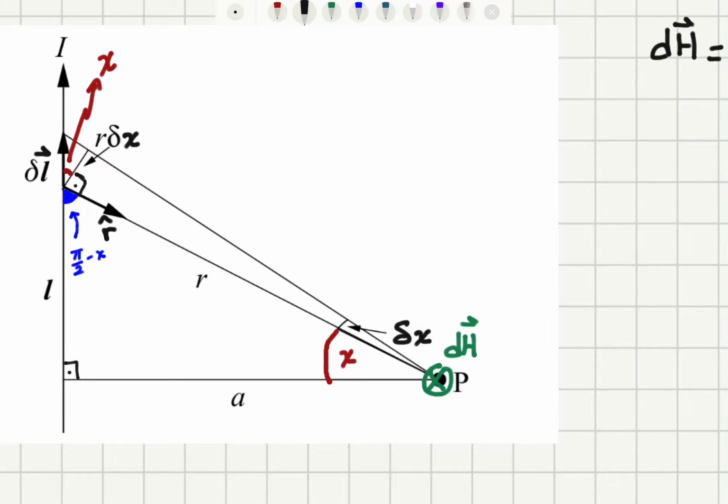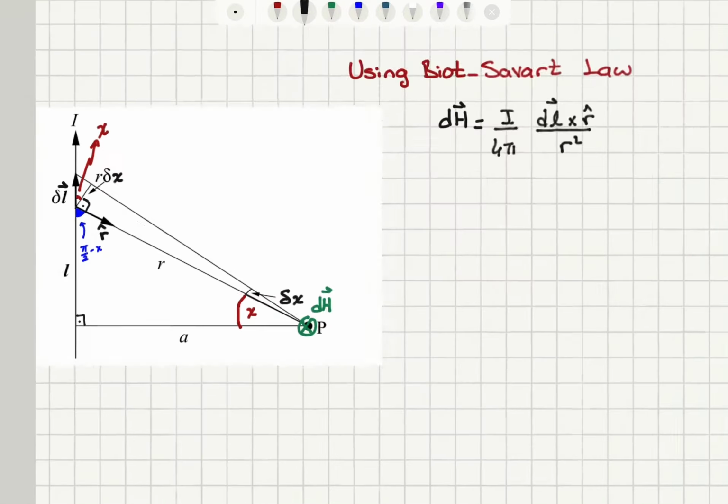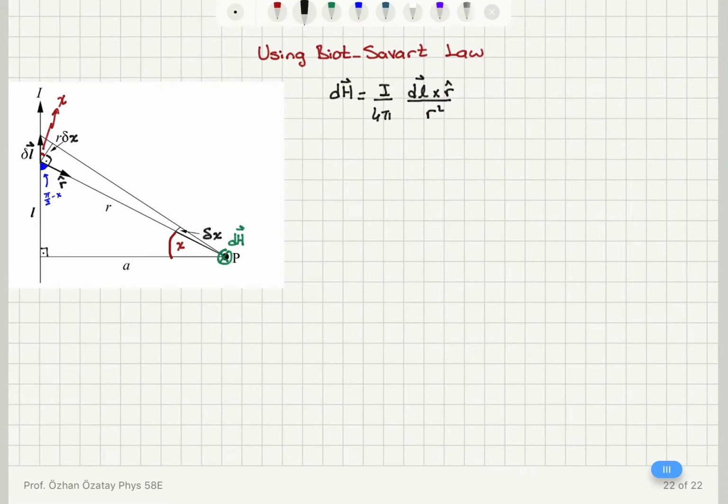I have a right triangle, that's the blue one, and the red one should be x because the total should be pi. So I have a total angle between delta L vector and r hat vector to be pi over 2 plus x.